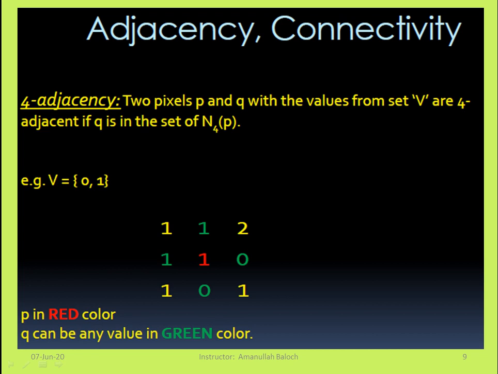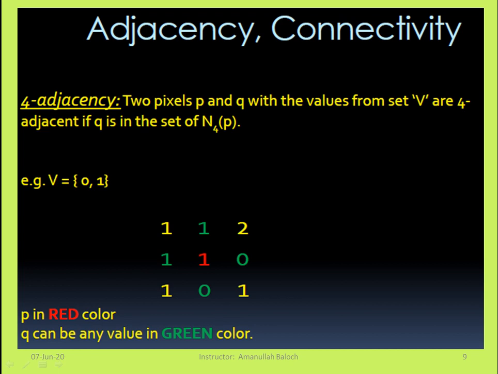For adjacency, I have already discussed it. 2 pixels p and q with values from set V are 4-adjacent if q is in the set N4 of p.